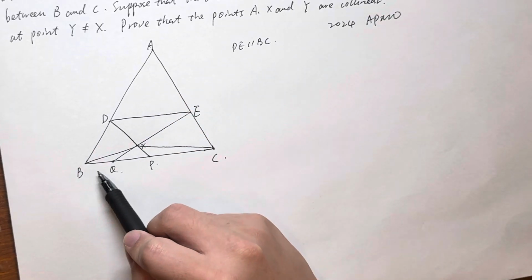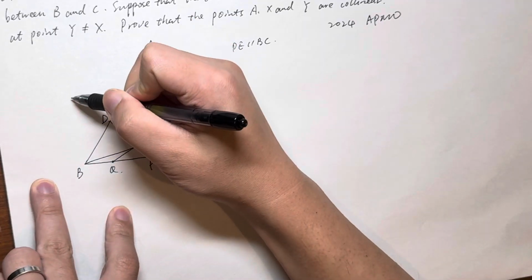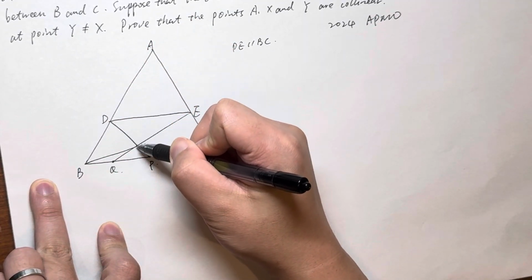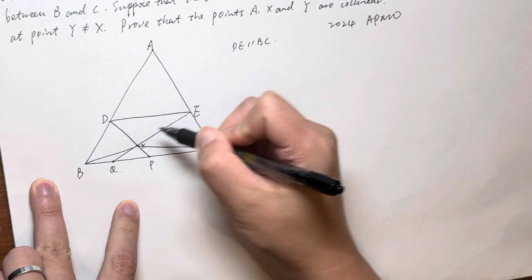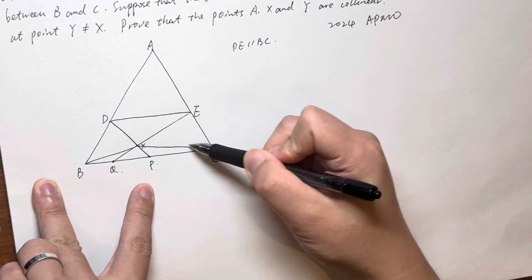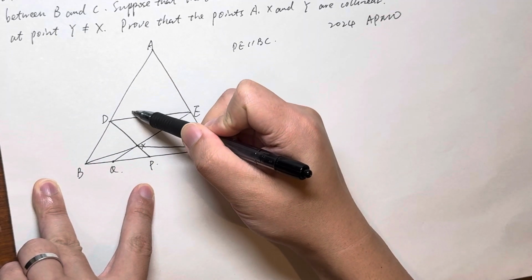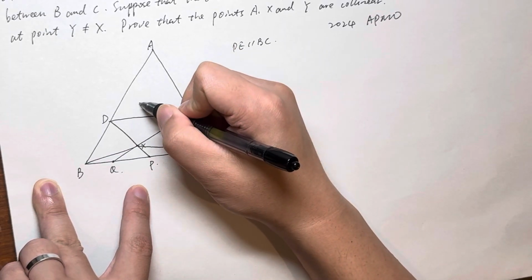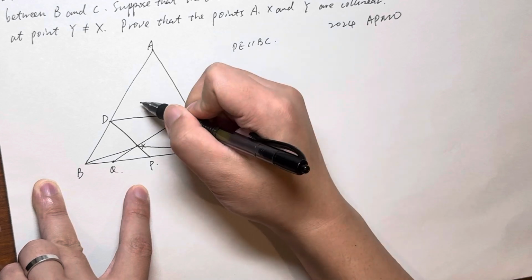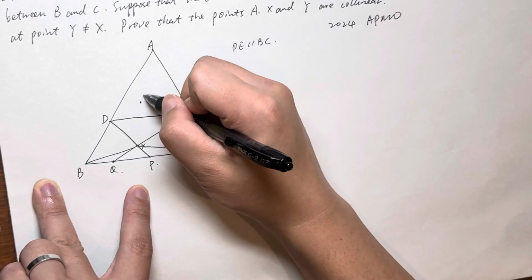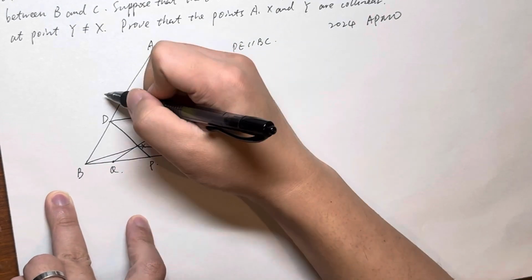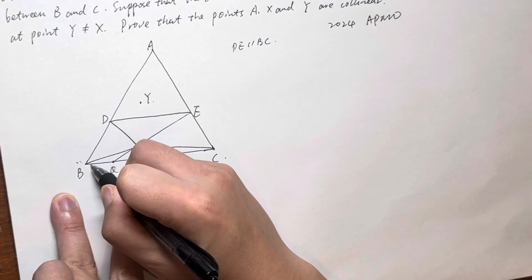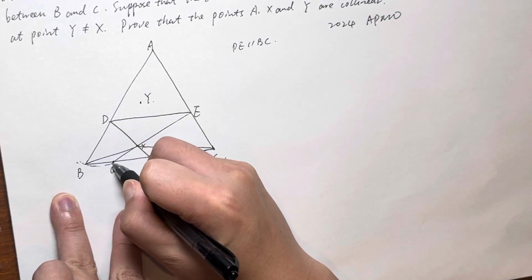So if you look at this one, roughly say that the circumcircle looks like this, right? And for this one, the circumcircle of this triangle looks like this. So they probably meet on this point, Y. I'm trying to draw that circle.